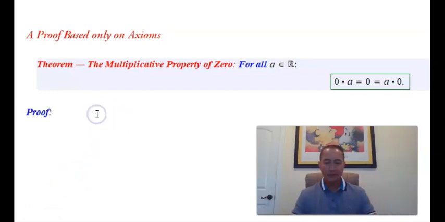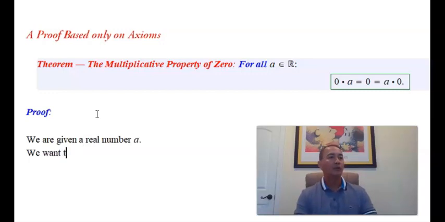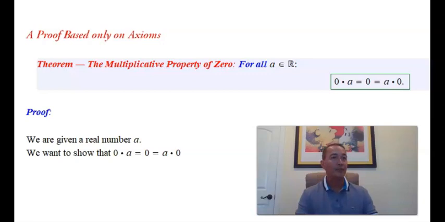So, let's start this proof, okay? We are given a real number a. We want to show that 0 times a equals 0, and of course, so is a times 0.